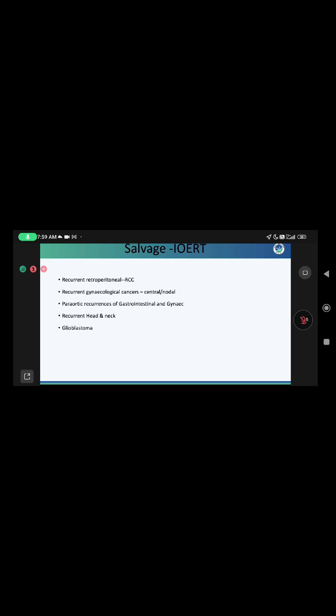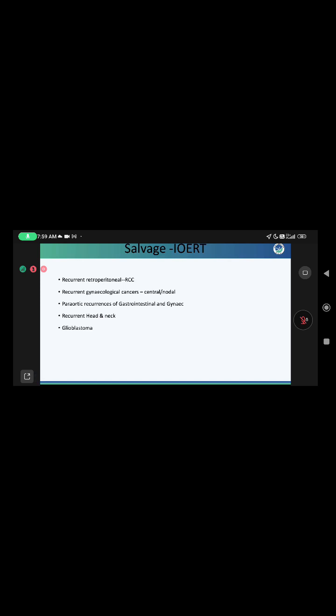So we can use this even in palliative settings to give a very high dose of single fraction radiation, which will control the disease to some extent and also reduce this pain, giving a very good quality of life to those patients.